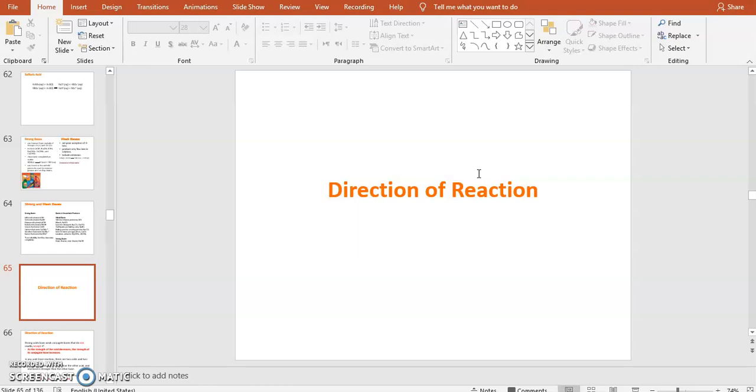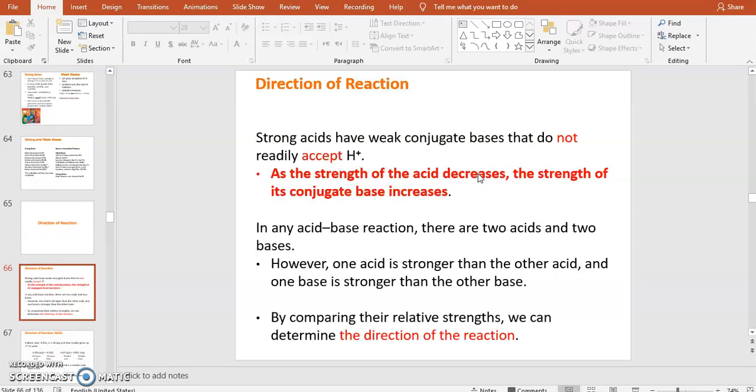Another topic is the direction of the reaction. The direction of the reaction always goes towards the strong acid. Strong acids have weak conjugate bases that do not readily accept hydronium ion. As the strength of the acid decreases, the strength of its conjugate base increases.